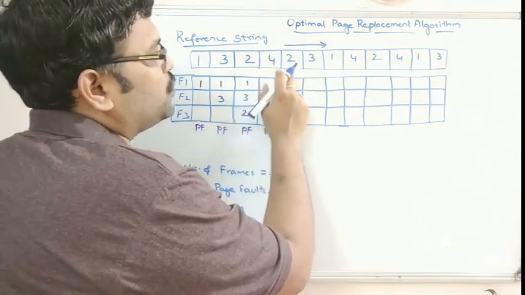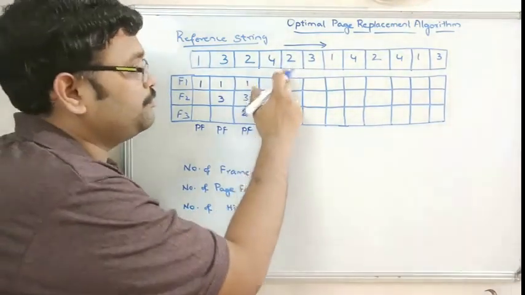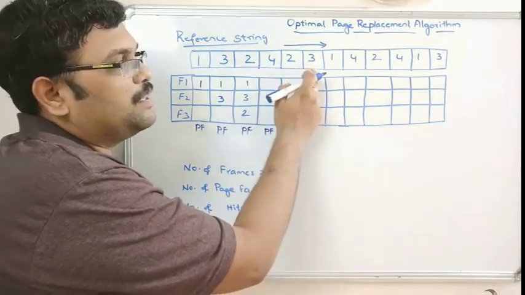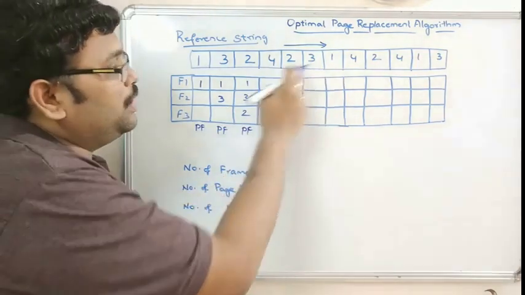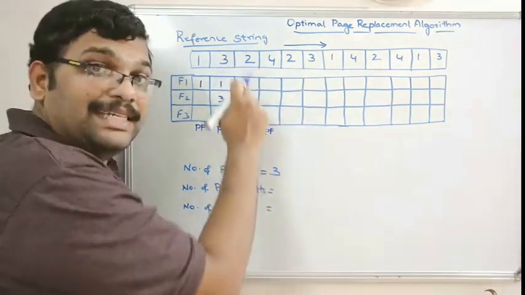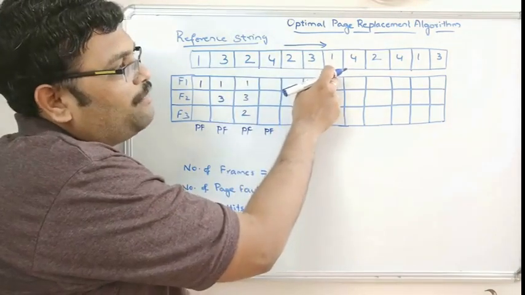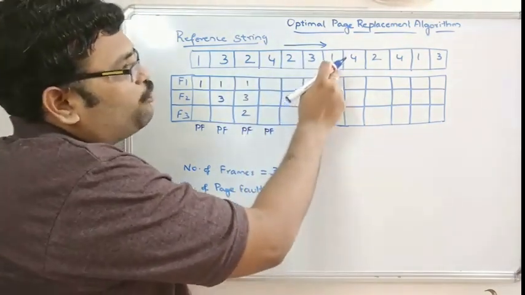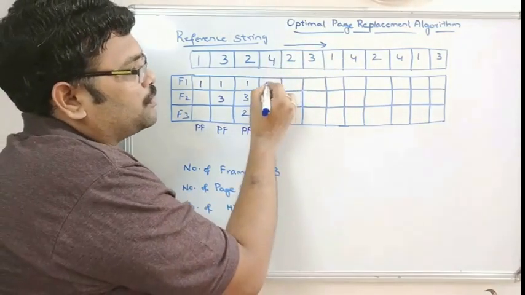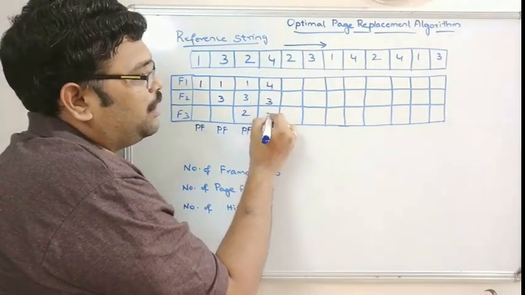2: immediately we require the 2. 3: immediately we require the 3. 1: the third position is 1. So among these three, 1 will have a lot of time before it is needed. So replace 1 with 4. Now we have 4, 3 and 2.